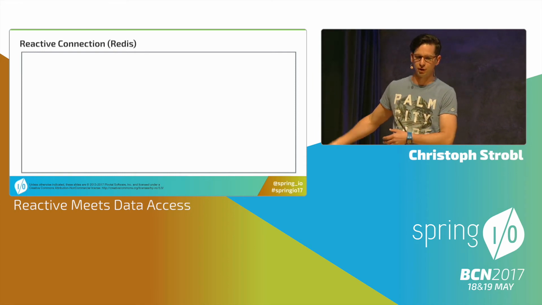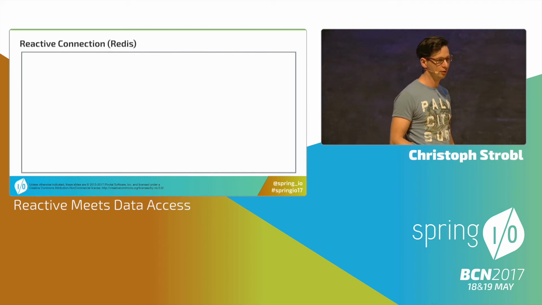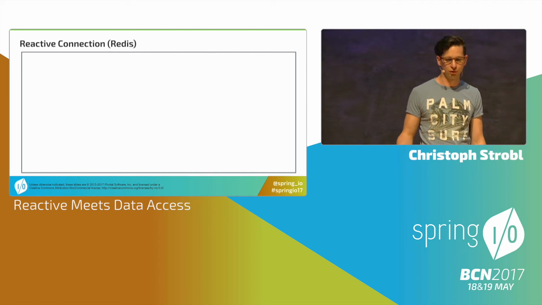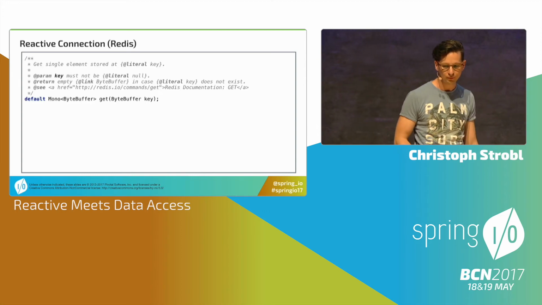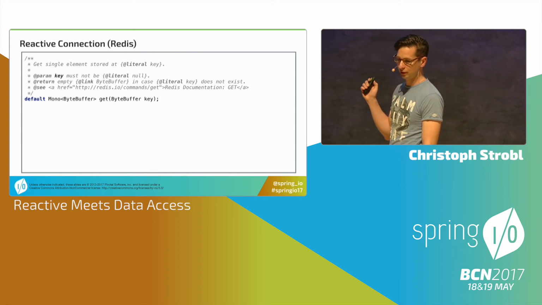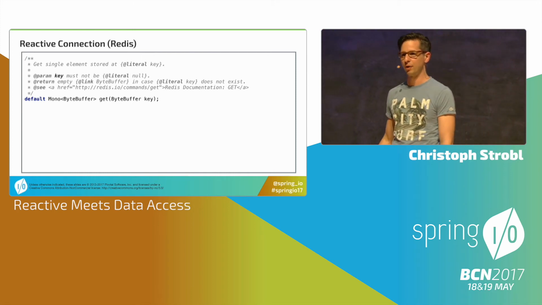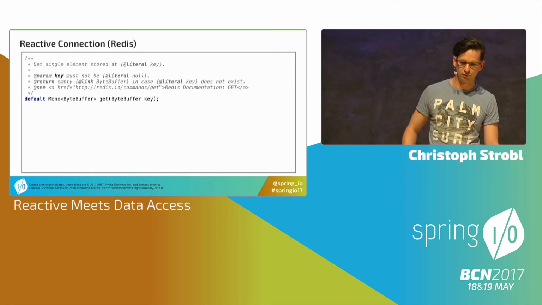And if you have a look at the reactive Redis connection, currently only available for Redis, because Redis doesn't offer a reactive API by now, then you'll probably find something in there like a get command, which is just get the value for a single key from Redis.